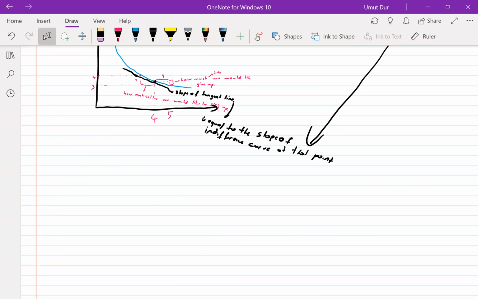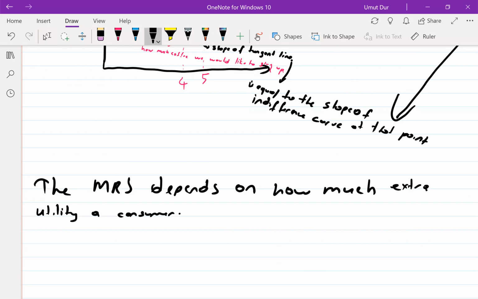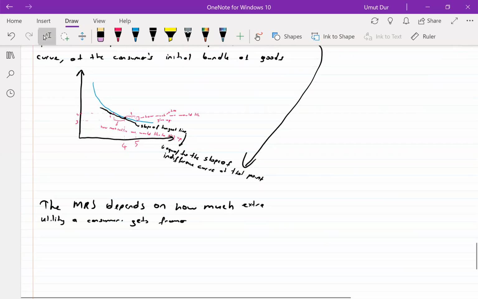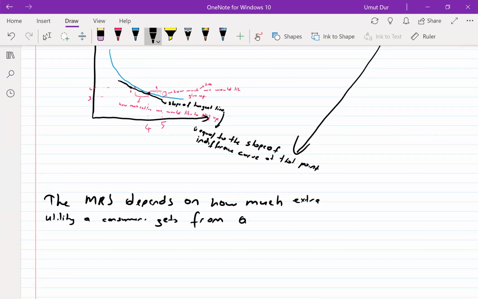So let me explain this more. MRS depends on how much extra utility a consumer gets from a little more of each good.